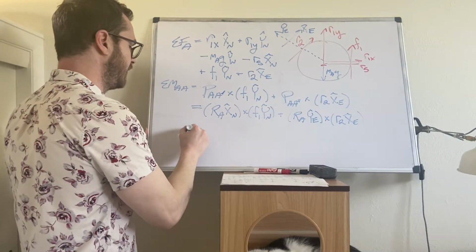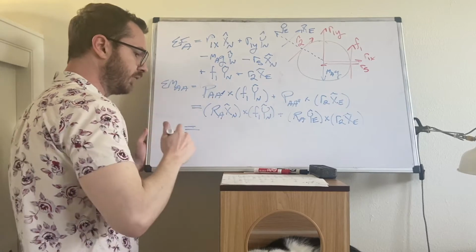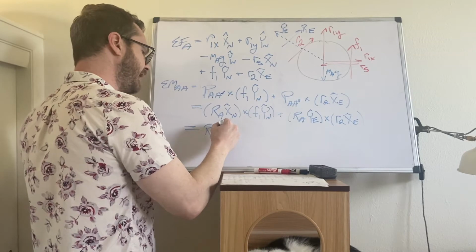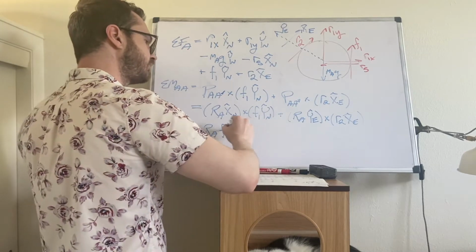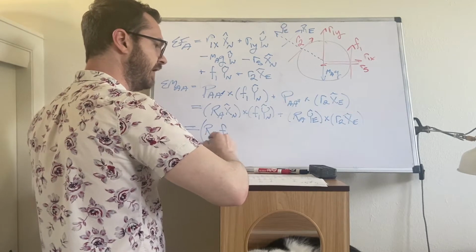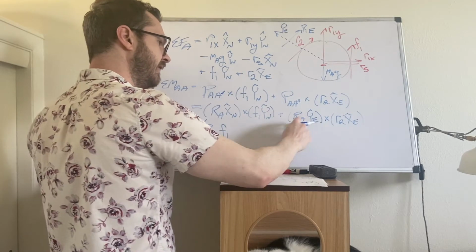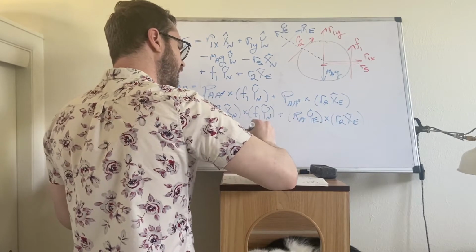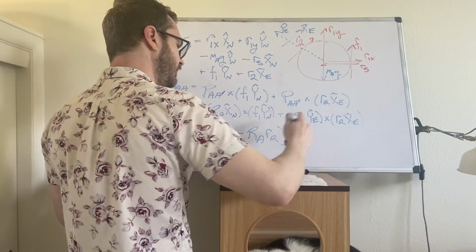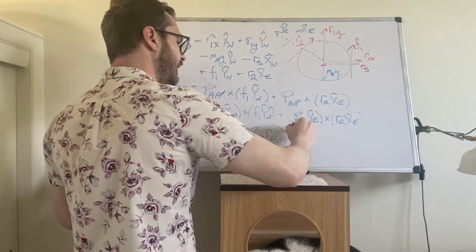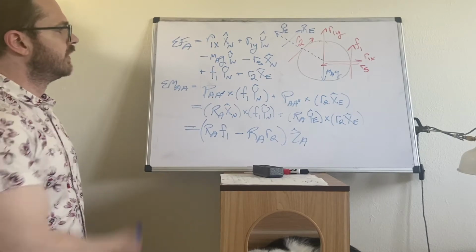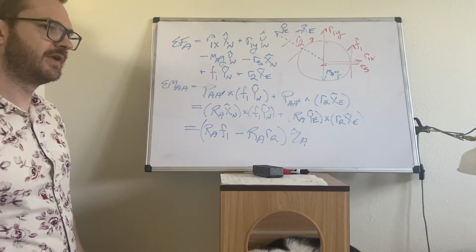So what we get from this are these scalars: radius of A times F1. And we know that these are all in the Z, so I can group them: RA F1, and then these are minus, so minus RA R2. And that is in the Z, and we can call it the ZA direction. Okay, write these down.